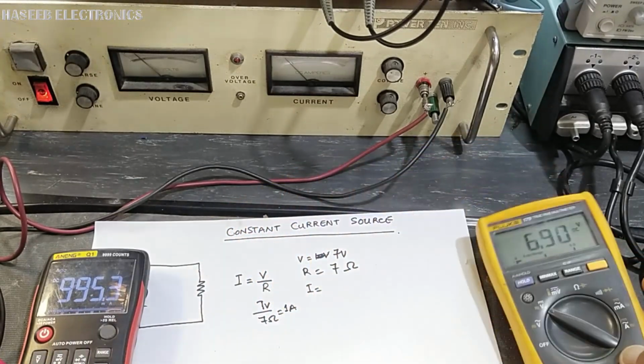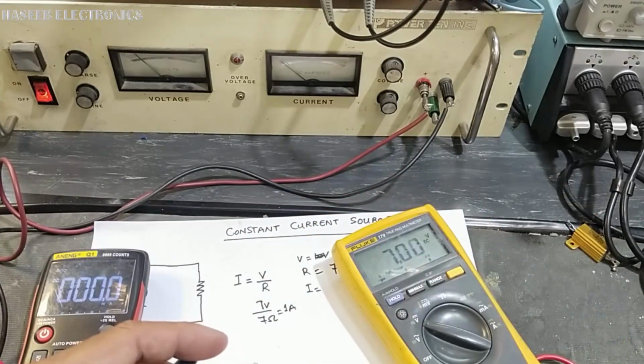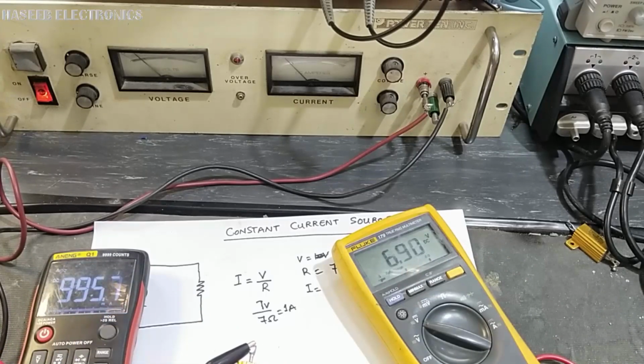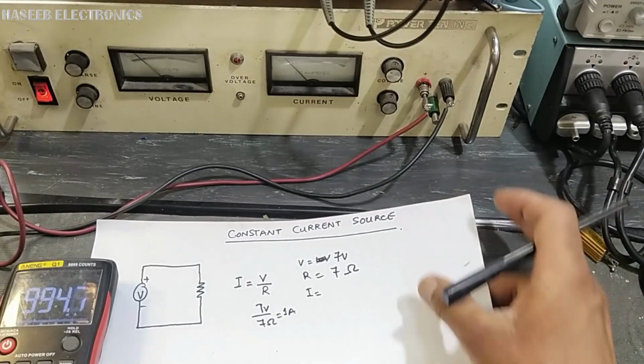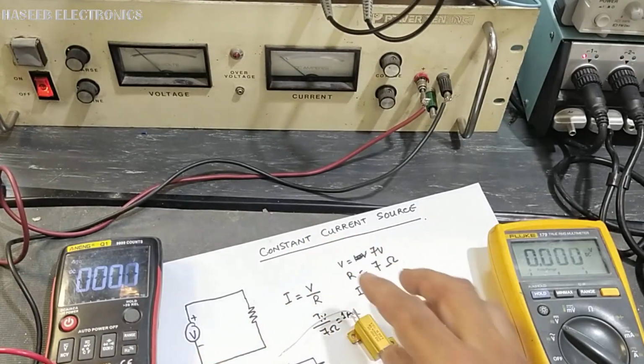So the voltage has slightly dropped. When it is without load, it is 7 volt. When we connect the load, the voltage will drop 100 millivolt. And if we connect another load in parallel, now we have these two resistors.